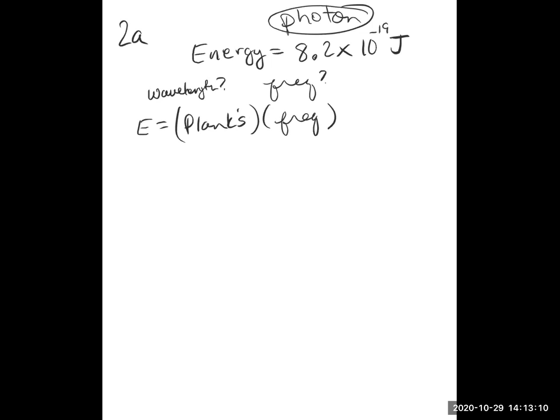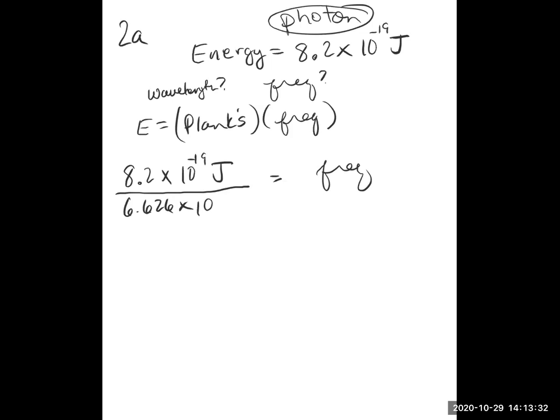So we've got the energy, and we're going to divide by Planck's constant to get the frequency. Now, Planck's constant is 6.626 times 10 to the minus 34 joules per second.